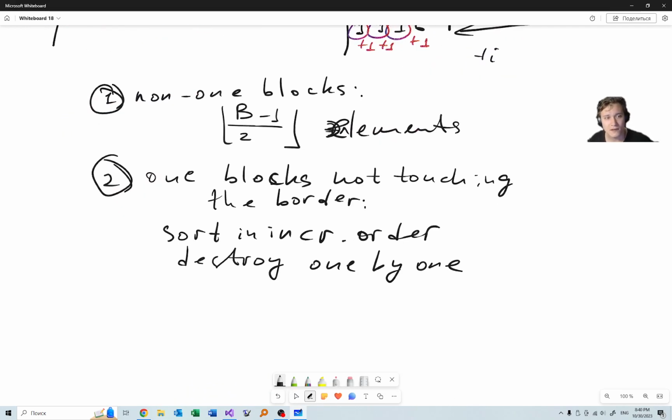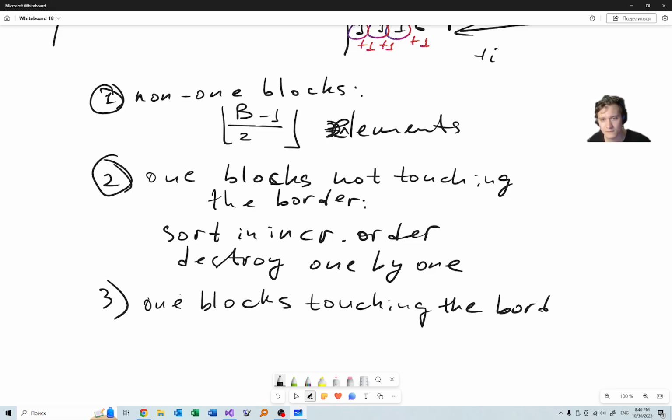So, the third part is blocks of ones which touch the border. We destroy them from the center to the edge.